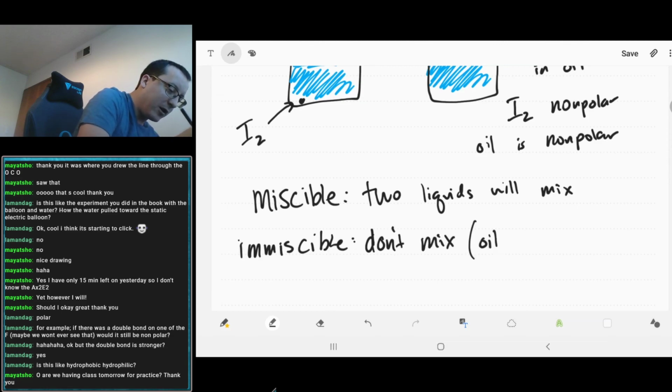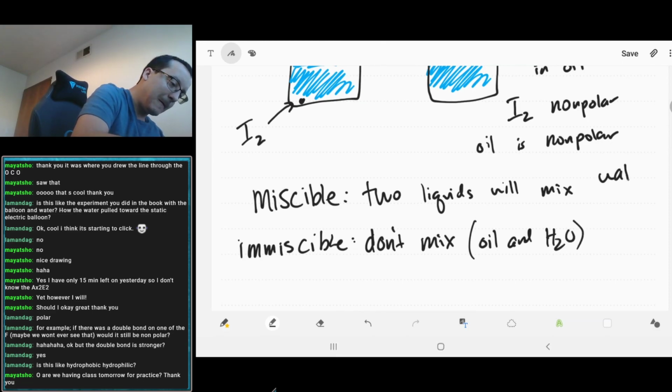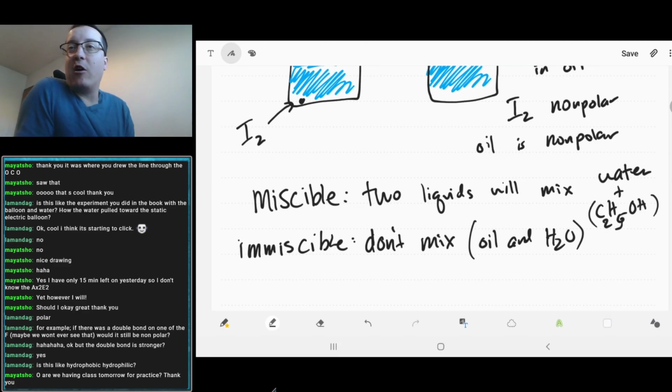So that's going to be our oil and water will be immiscible, whereas water and ethanol, however, are miscible. They will mix together indefinitely, whereas immiscible ones will not mix. Okay, so there's our last little vocabulary for the day. And these specifically refer to liquids, so no solids here.